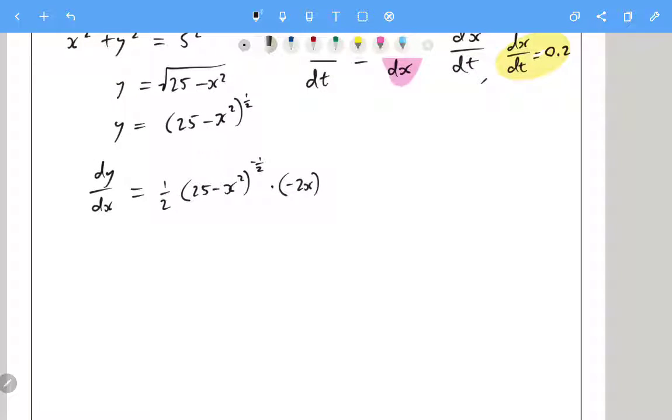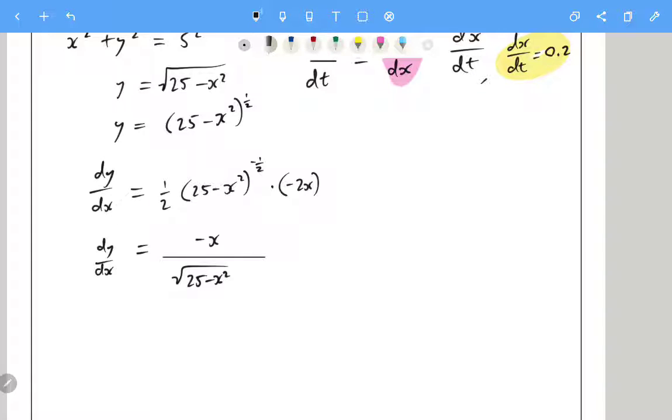Now we can clean it up a little bit. Half times negative 2x is negative x. And 25 minus x squared to the power of negative half is better written as negative x all over the square root of 25 minus x squared.